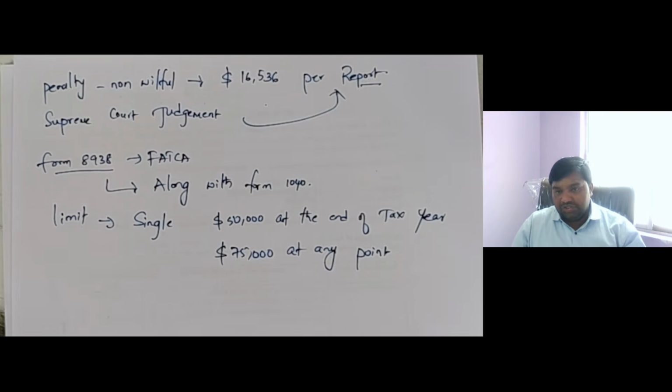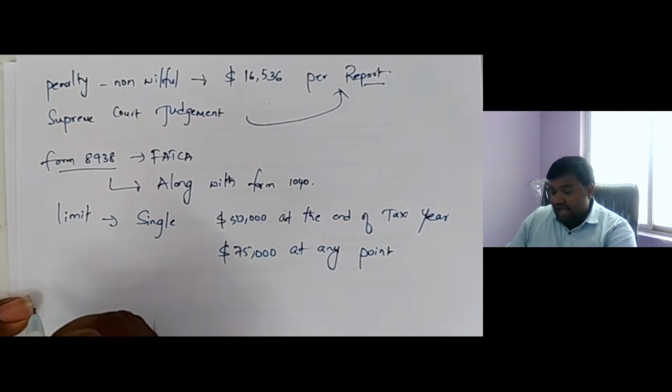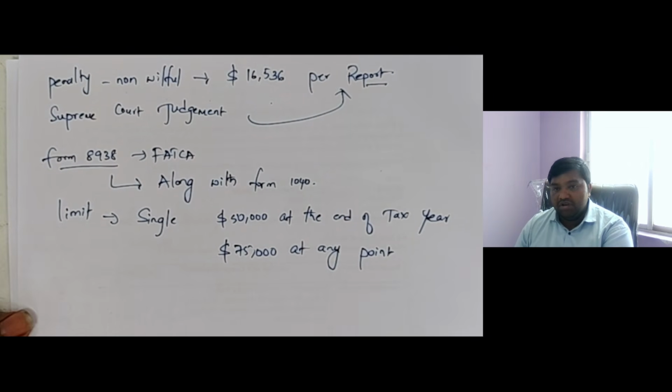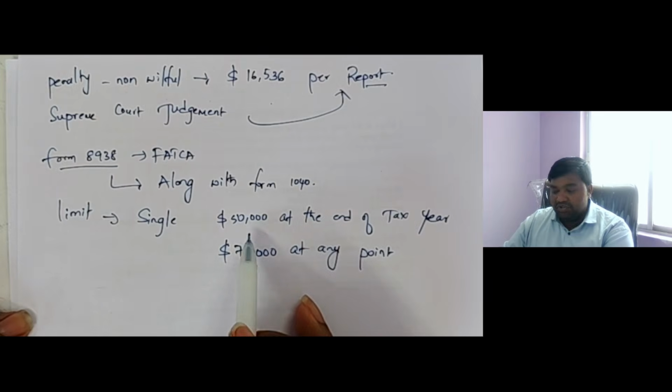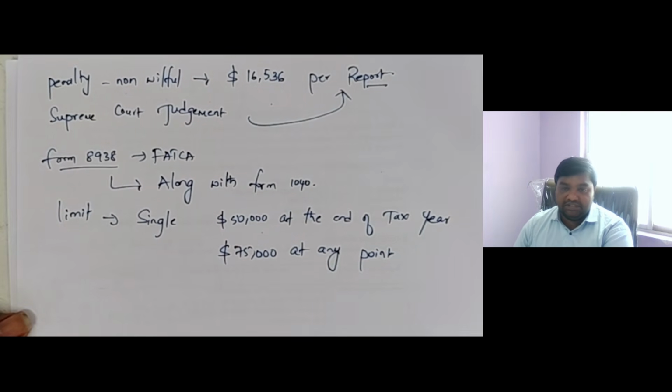So 2 reports you have to file. Now there is another question, which is famously asked in your MCQs. I am a low income category person, but I have a bank account in Switzerland which is more than $50,000 at the end of the tax year. But as a low income group person, I am not required to file any return for this particular year.